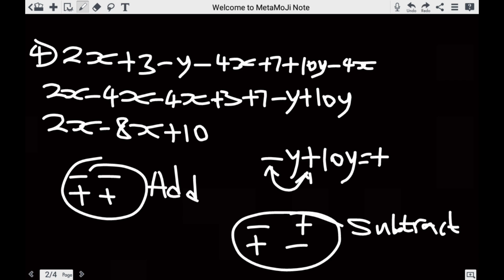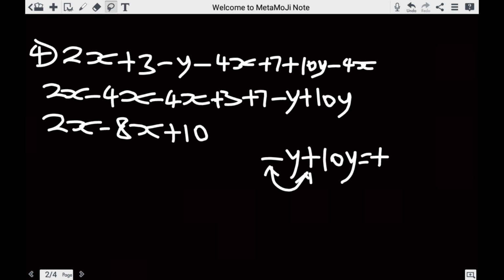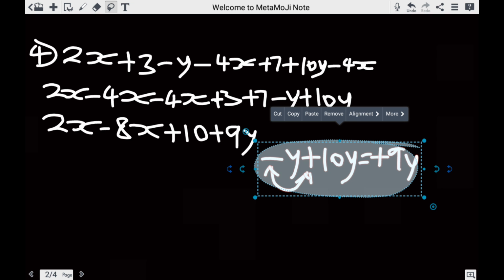If the signs are not the same, you will subtract. So now we're going to subtract the invisible 1 from 10. 10 minus 1 is 9, so you should get plus 9y. So put your plus 9y here. Then get rid of what is here.